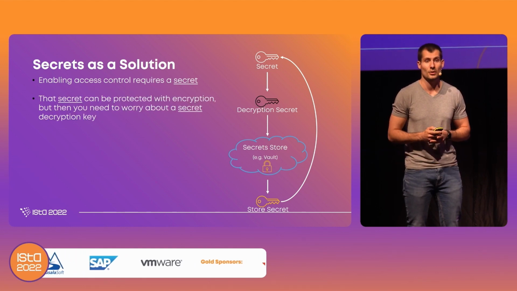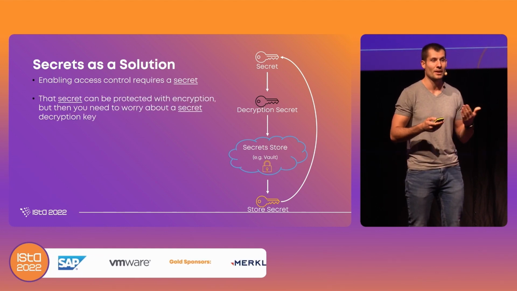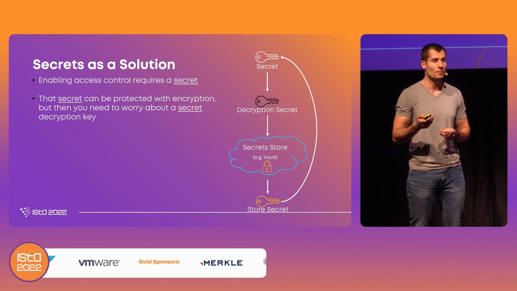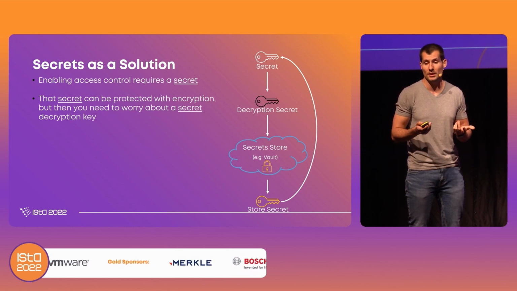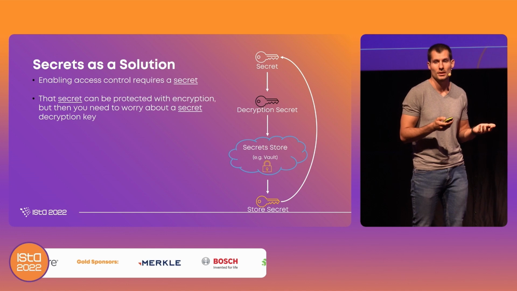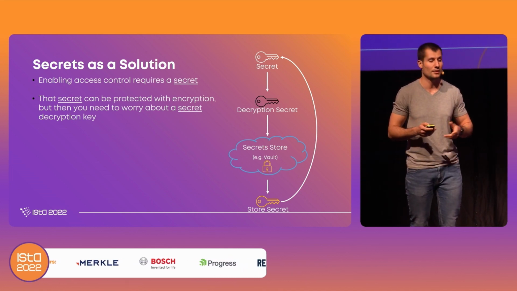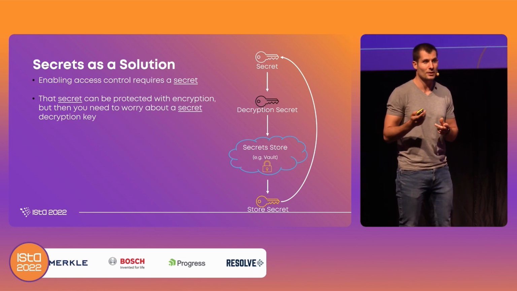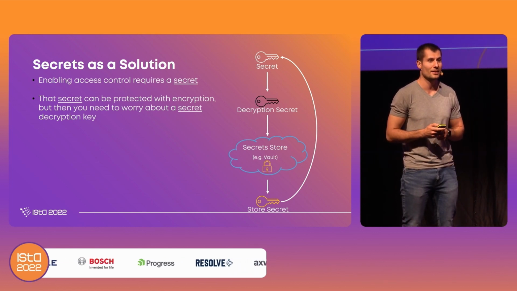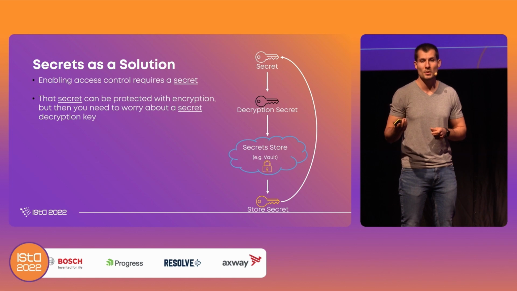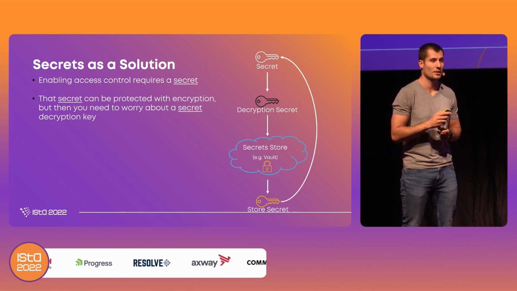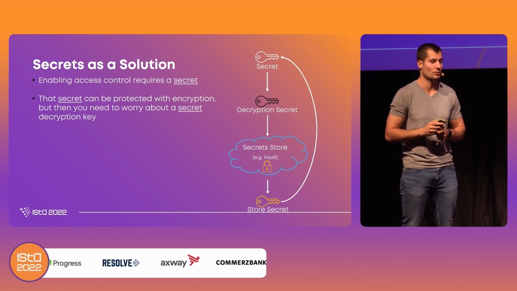So the next thing we do is invent some form of encryption and encrypt this secret, because I can't hold it in my source code repository or bake it directly into my container image. And then fundamentally, I create another secret, which is the decryption key used to decrypt the very original secret that I wanted to create.